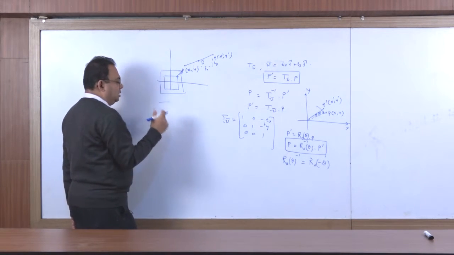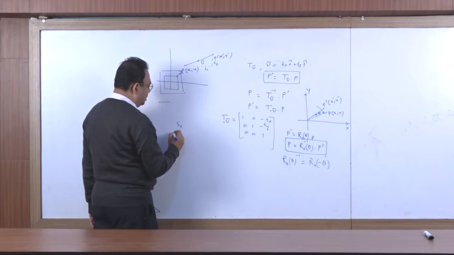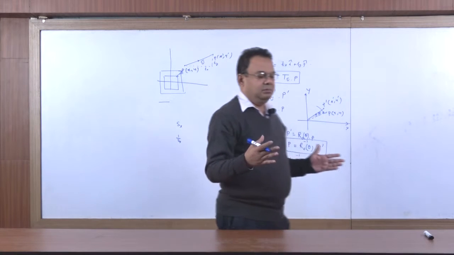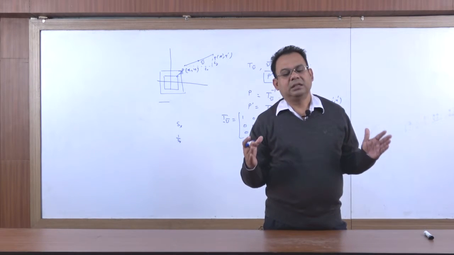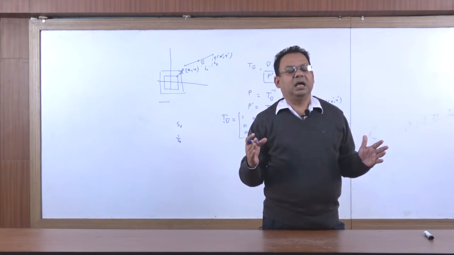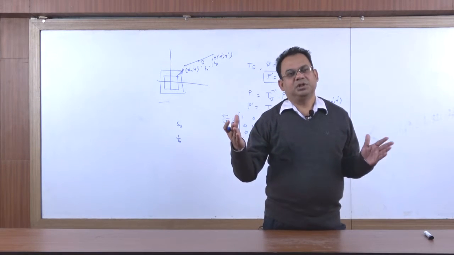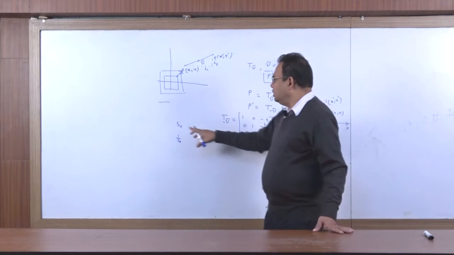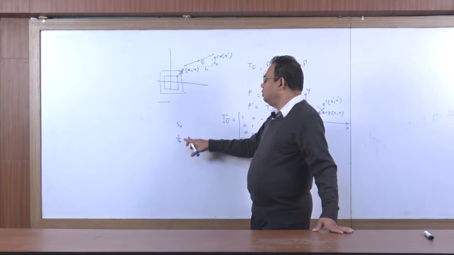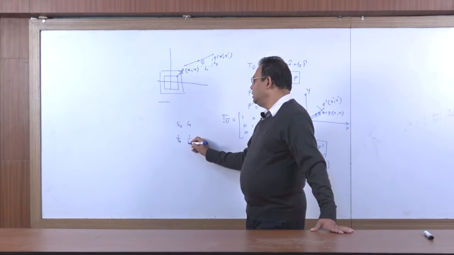If Sx is the scale factor, then the inverse will be 1 by Sx, because scale up is multiplying the object point by some constant factor, and the inverse operation will be just dividing the object point by some constant. So if Sx is the scale factor along the x direction, its inverse will be 1 by Sx. If Sy is the scale factor along the y direction, its inverse will be 1 by Sy.